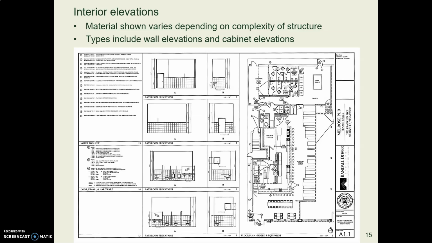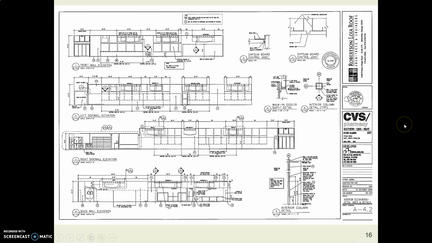And this is useful for showing what materials to use. There might be some dimensions showing, for example, fixtures in a restroom or cabinets in a kitchen. Here are just a couple of examples.